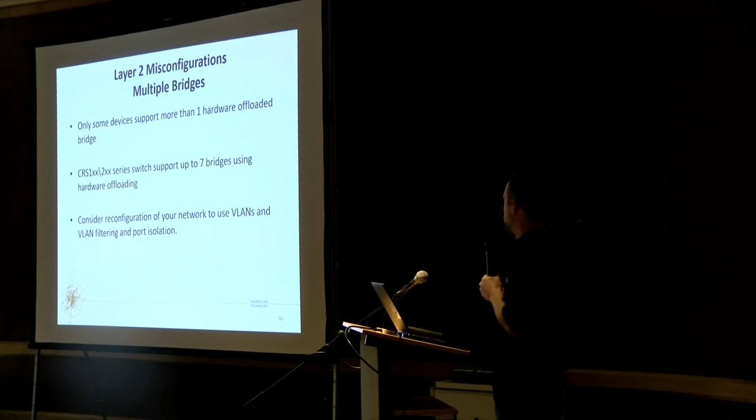The CRS 100 and 200 does support up to 7 bridges using hardware offloading. So if you're using a 300 series switch, then the correct configuration here would be to apply VLANs and VLAN filtering using VLANs in the bridge menu, as I showed earlier in the presentation.